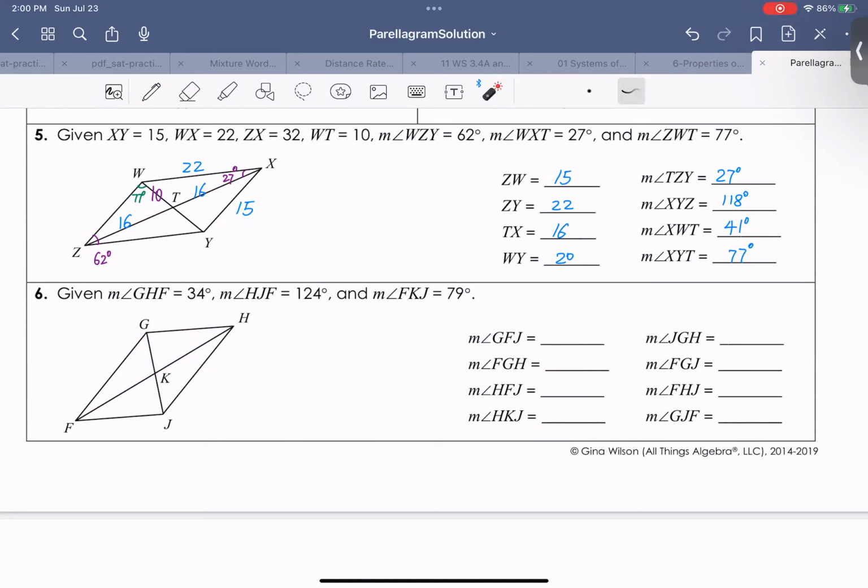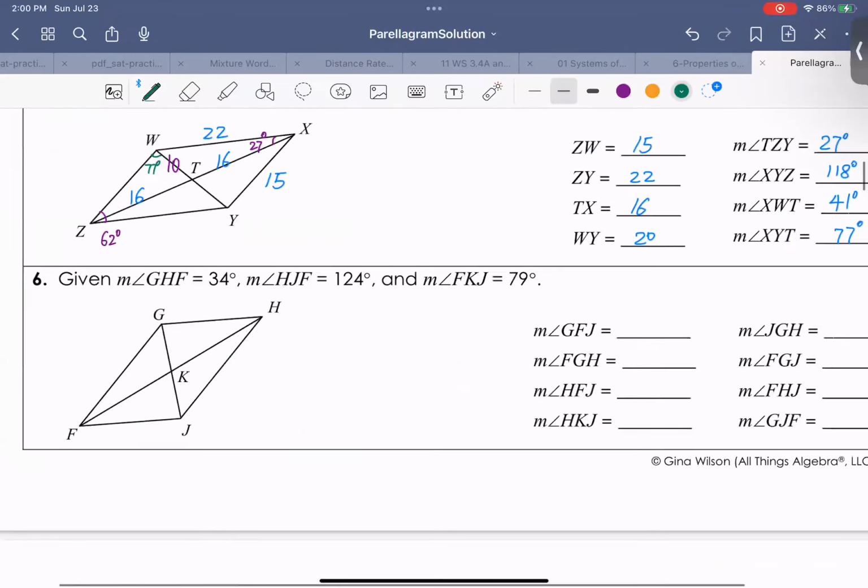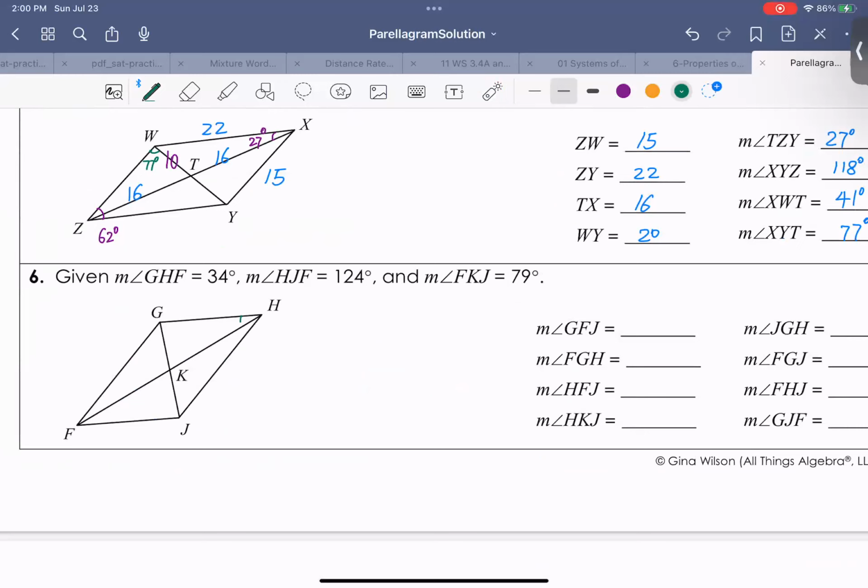This question here is GHF. The GHF is this. This is 34 degrees. Okay? GHF is 34 degrees. So if this is 34, we immediately say this is 34. Look, these two angles are called alternate interior angles. Okay?